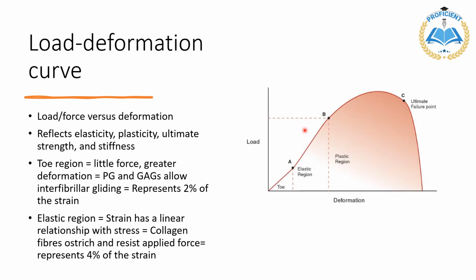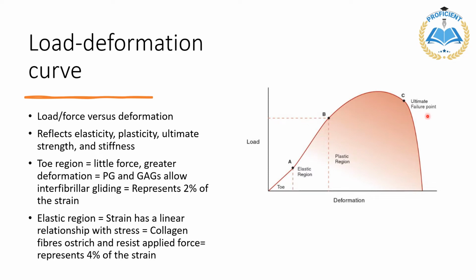When this load is removed, the structures return to their original dimension, and this property is called hysteresis. This represents 4% on the load deformation curve, and a good example of this is the change that happens in the muscle when a contraction is about to occur.